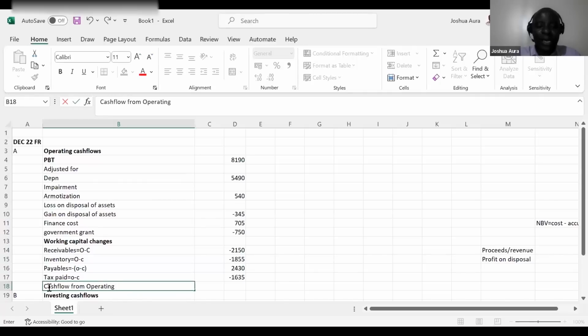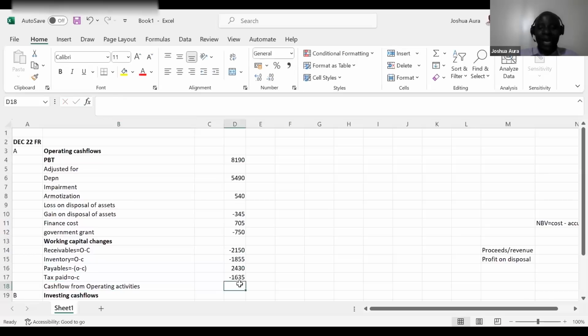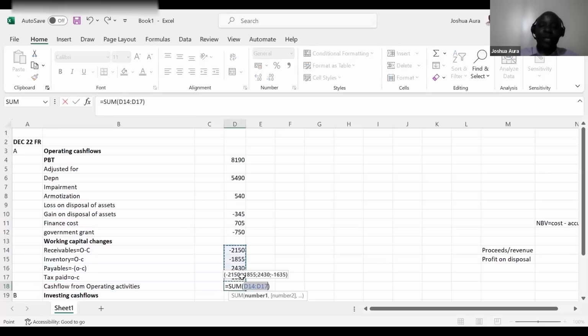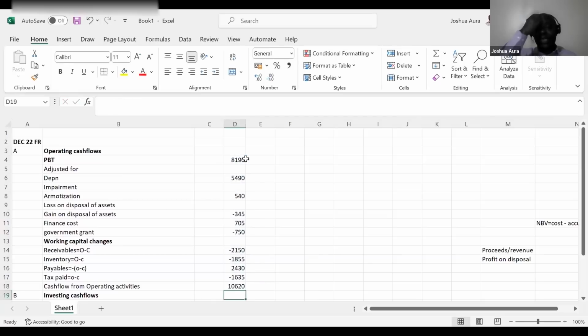I can just consolidate everything. Don't go the way of saying before working capital changes. No, like that. Then you say alt equals. When you are here, you can see it is skipping things, right? So you need to come at the corner here and carry it up to the first one. Then you say enter. So I'm getting 10,620, like that.